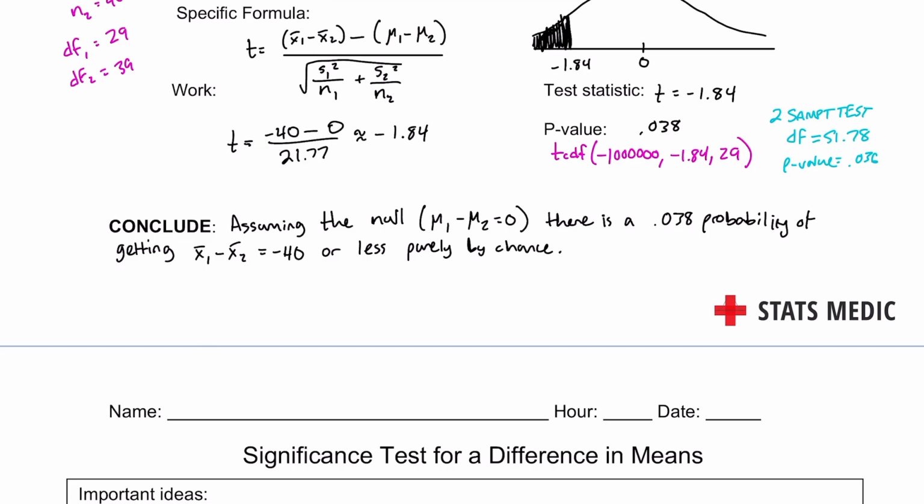It'll say something like because or since 0.038 is less than 0.05, we reject the null and have convincing evidence. That word convincing is important.